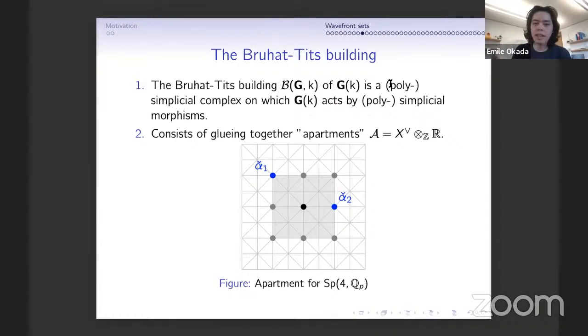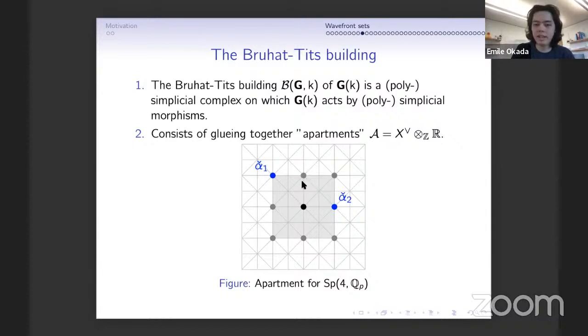And the Bruhat-Tits building is formed by gluing together so-called apartments. So you have an apartment for every split maximal torus, and an apartment is formed by taking the co-root lattice and tensoring it with the reals. So that gives you a vector space, and then to turn it into a simplicial complex, you chop it up with hyperplanes, where every hyperplane corresponds to the integral vanishing of some root.